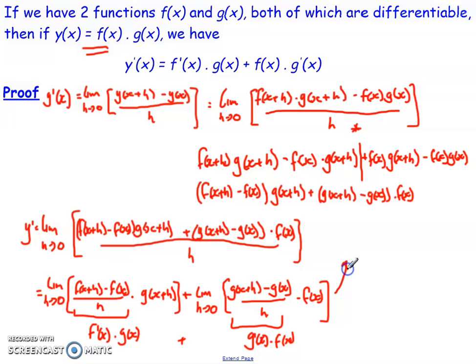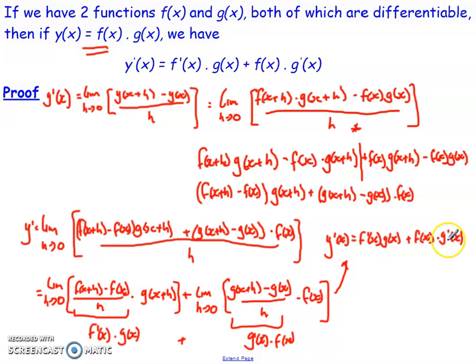So what that then means is I've shown that if y of x equals f of x times g of x, then y dashed of x is equal to f dashed of x, g of x, plus f of x times g dashed of x.